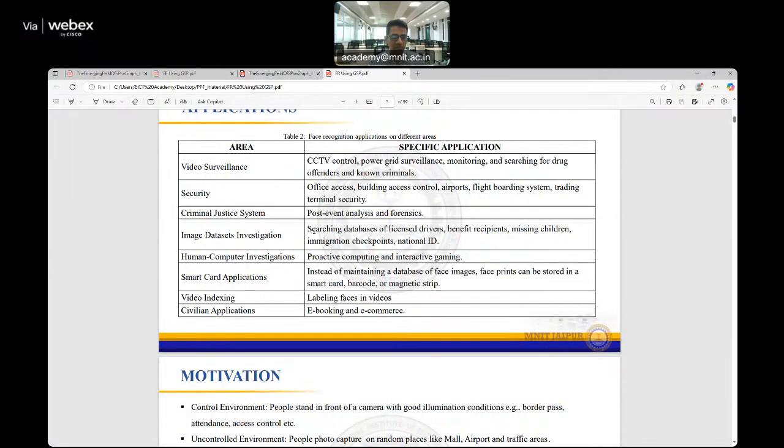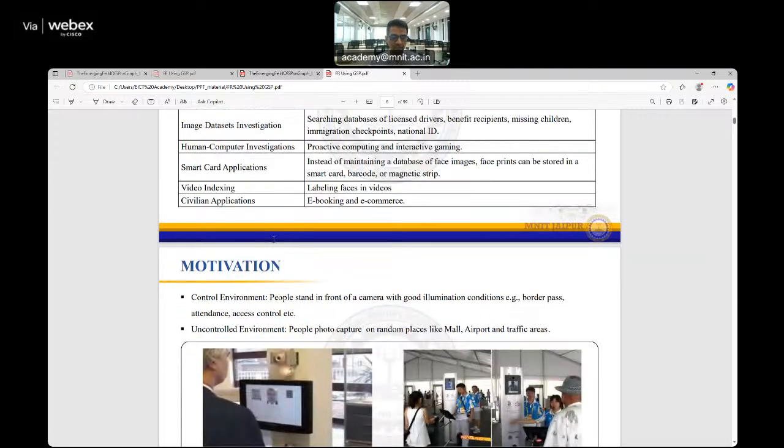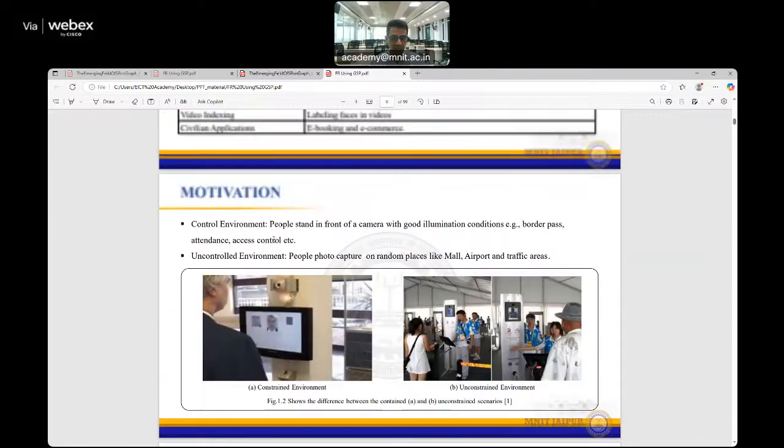Anyway, coming to the point, there are criminal and image data set investigation, human computer interaction, smart card applications, video indexing, and civilian applications. One motivation is controlled settings, where people stand in front of the camera with good illumination conditions, like attendance and access control.